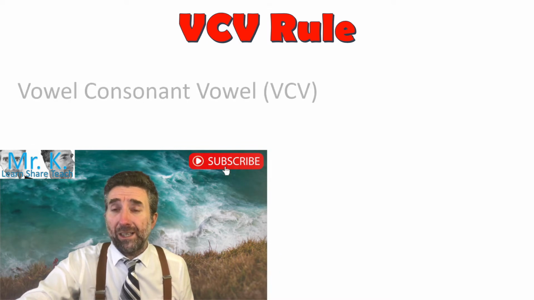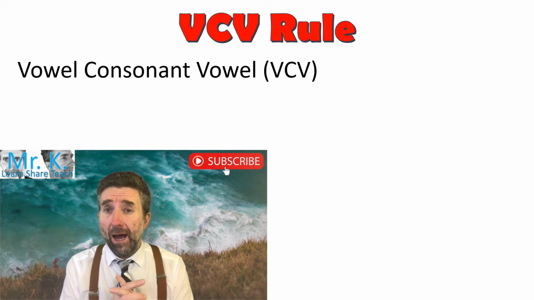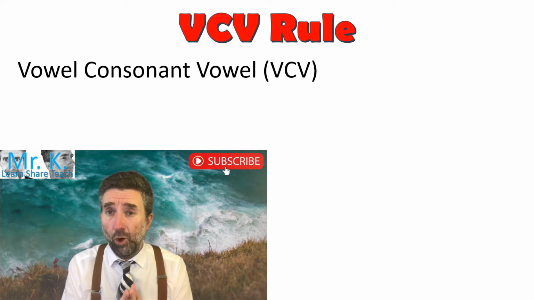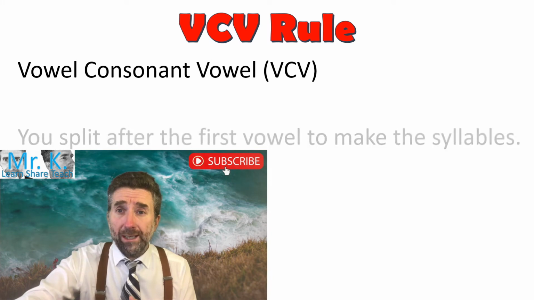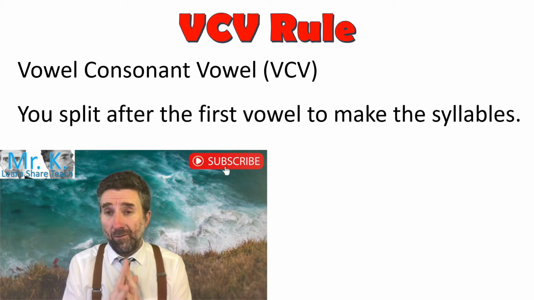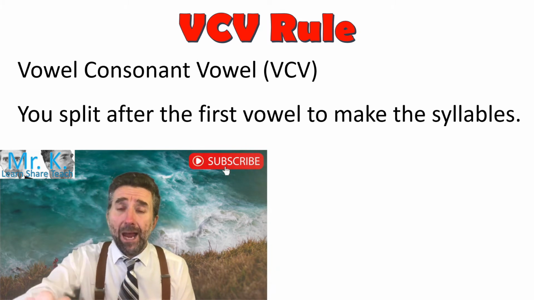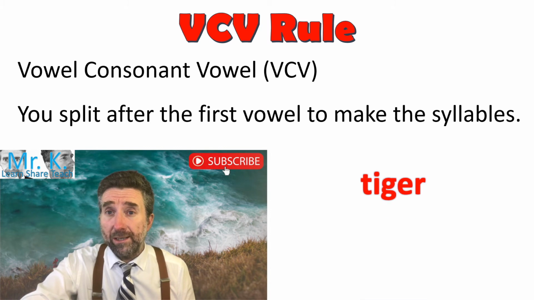Now, this rule particularly applies to words that have 5 letters in them, and it's a vowel, consonant, vowel combination in the middle of the word. What the rule is here is that you would basically divide the syllables after the first vowel, okay? An example is this word next to me, which is tiger.